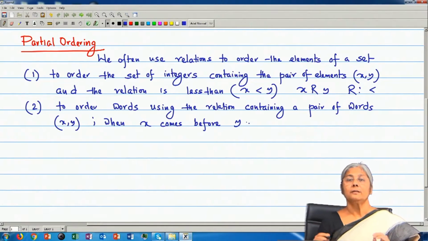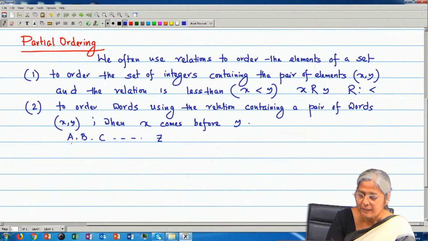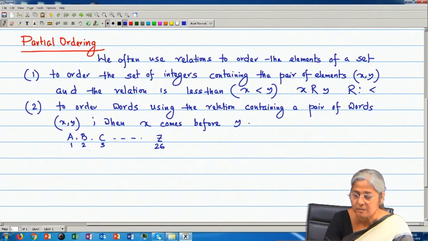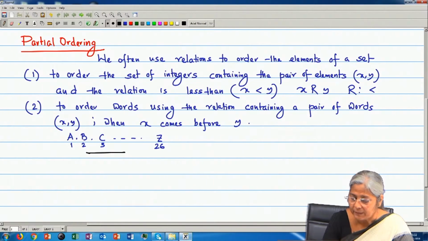So, if we consider our alphabet set, A to Z, in order, that means A is in position 1, B 2, C 3, and Z is in position 26.